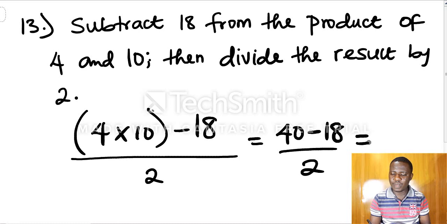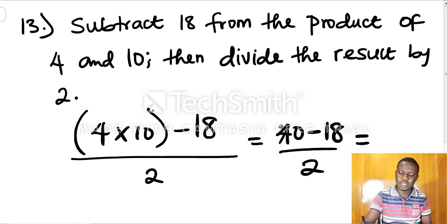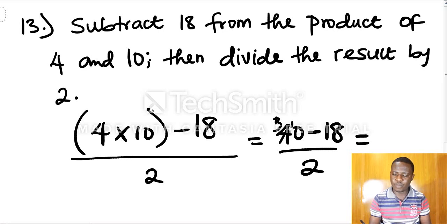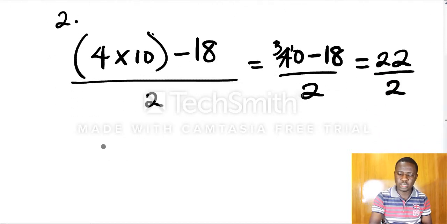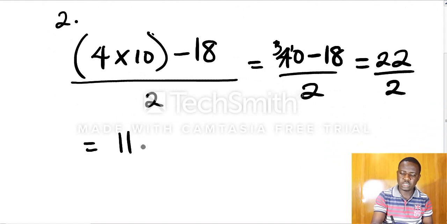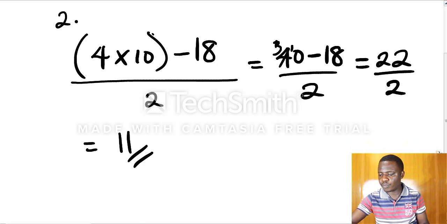And 40 minus 18, this is 22. 10 minus 8 is 2. And 3 minus 1 is 2. All divided by 2. So this is equal to 22 divided by 2, which is 11.